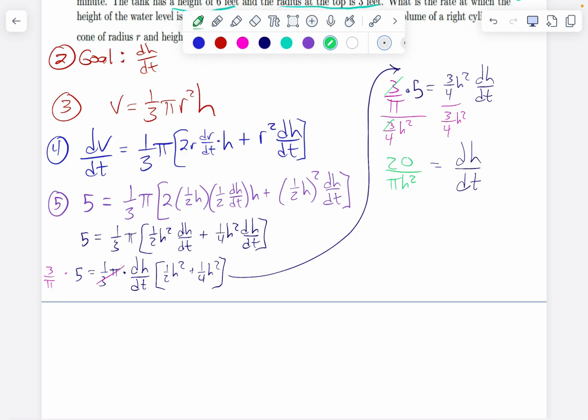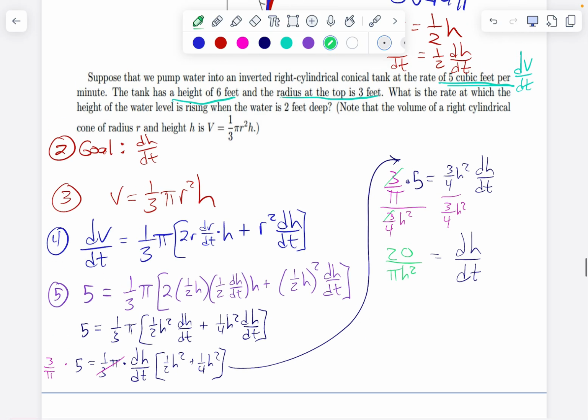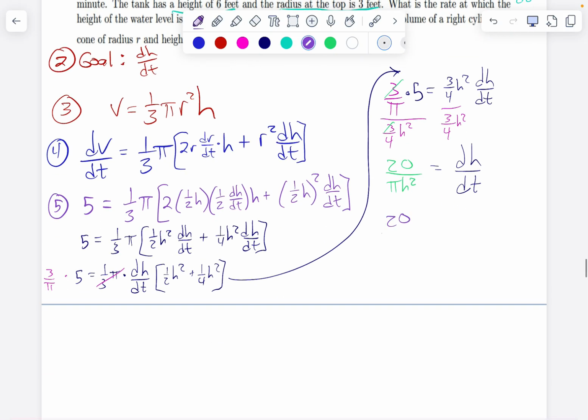Yeah. And then plug in, we have h was 2. And I like my answers like this. So that is 5 over pi.